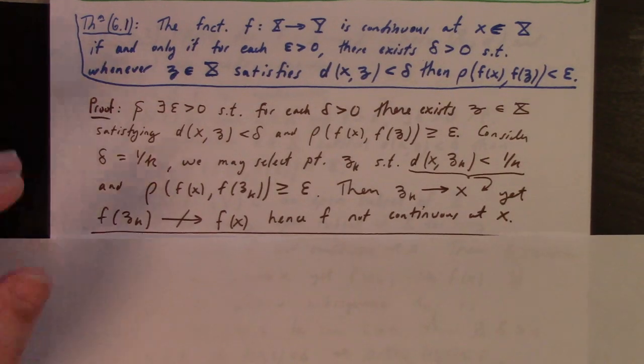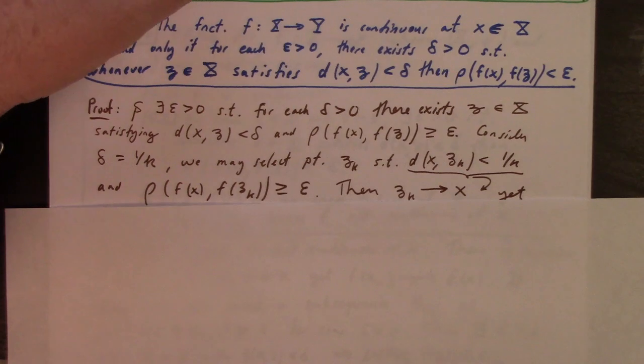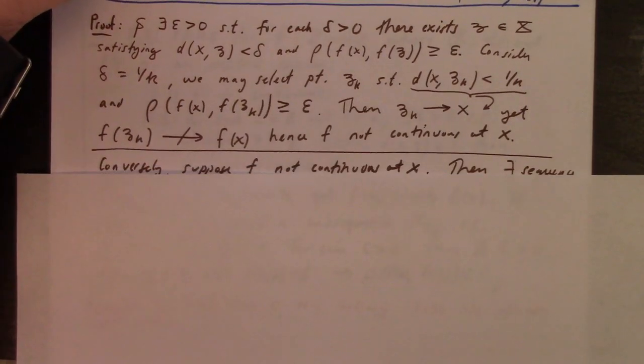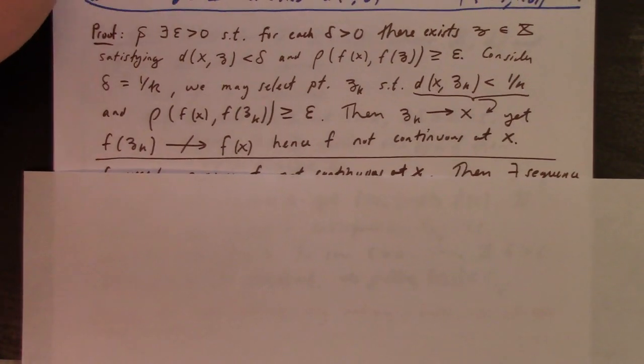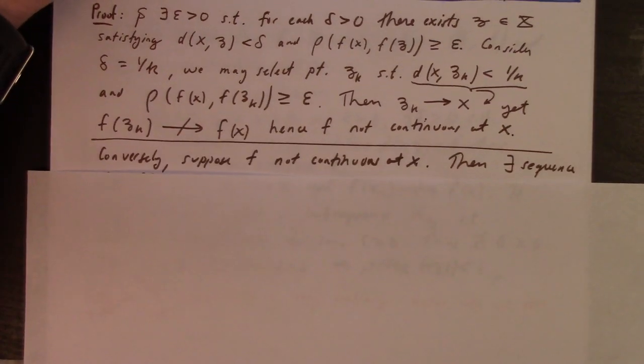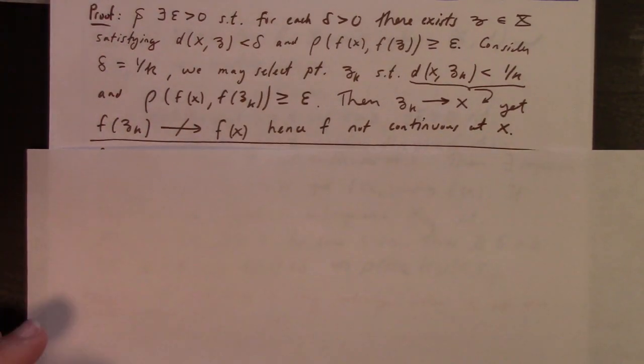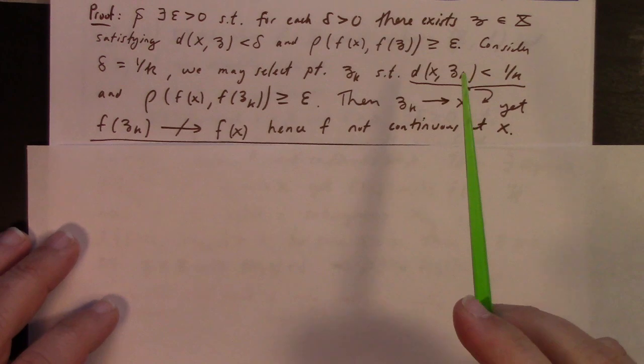Now the proof is very contrary. Essentially both the forward and the backwards are some sort of contradiction.